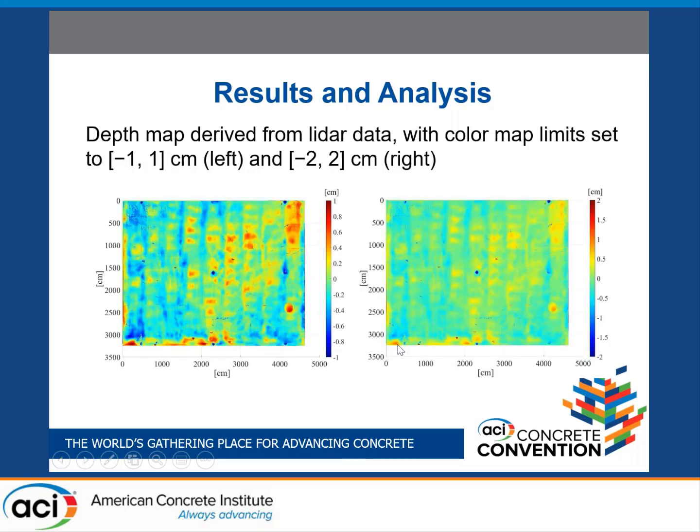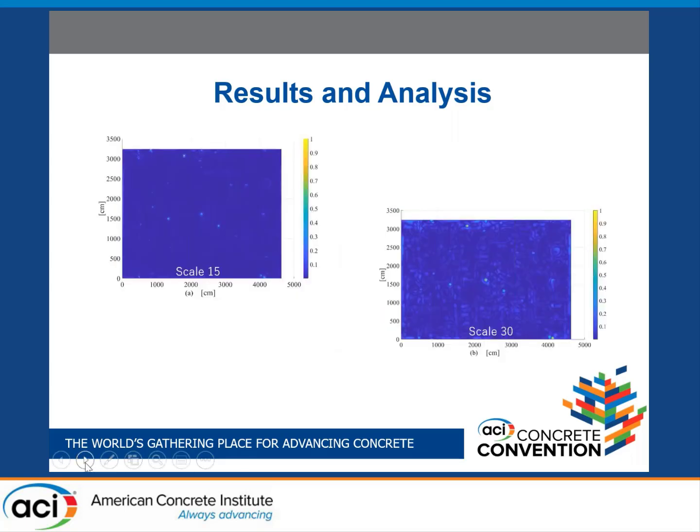As you see, the height differences with respect to the XY plane vary between -2 and 2 centimeters. These are the likely areas that have some undulations, because they differ from the average height. And then we applied our two-dimensional continuous wavelet transform here.